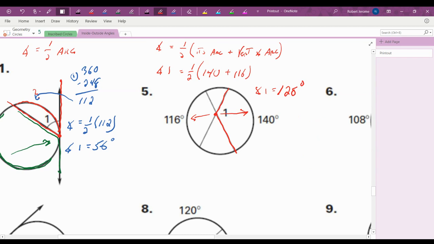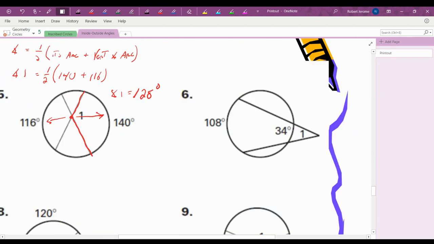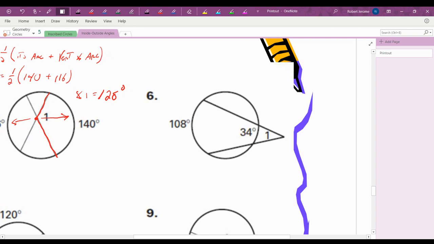Okay. Let's see what else we have over here. Here's a good example. We have an angle on the outside. So let's check it out. Find the angle. Its location is on the outside. So we have 1/2. Angle equals 1/2 its big arc minus its small arc.